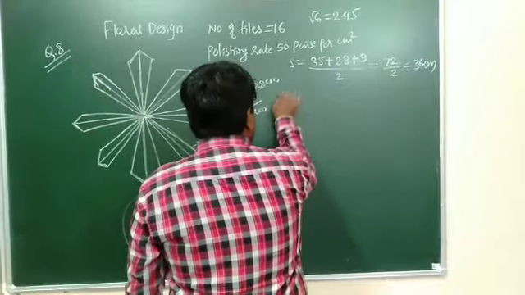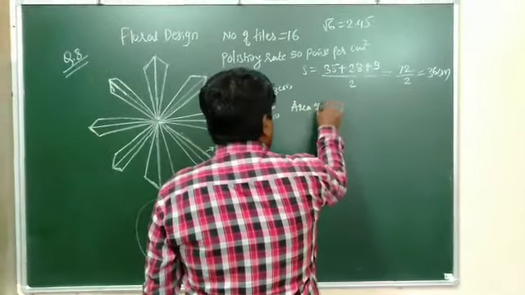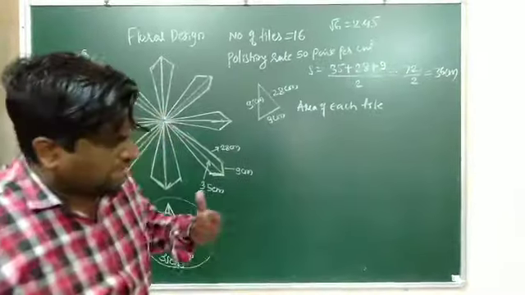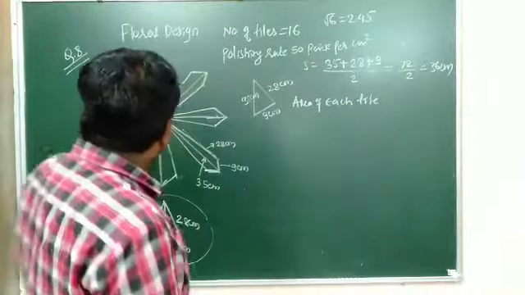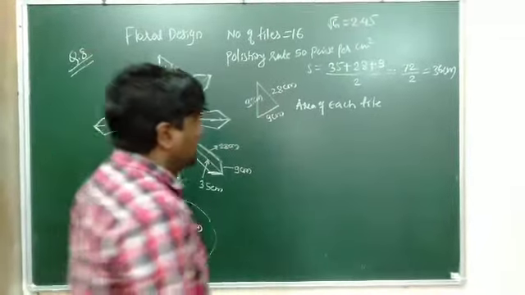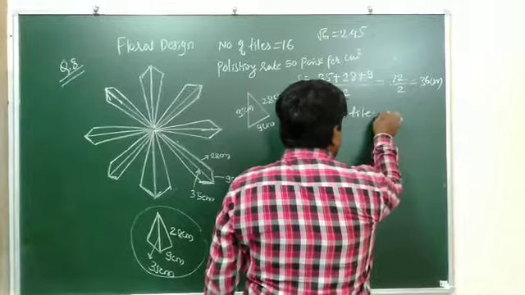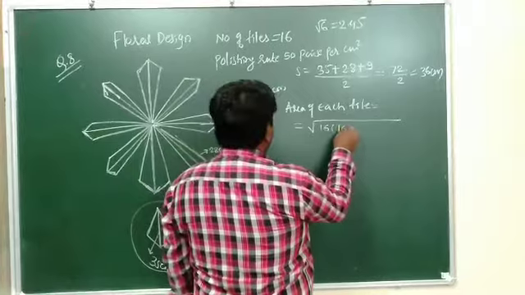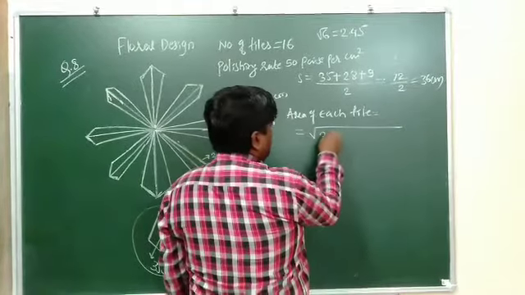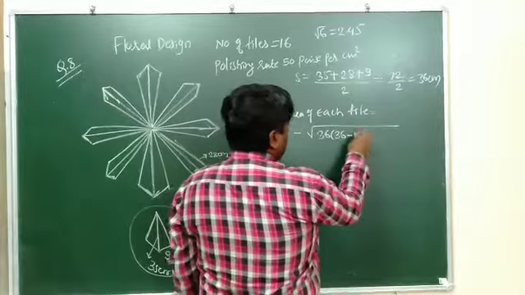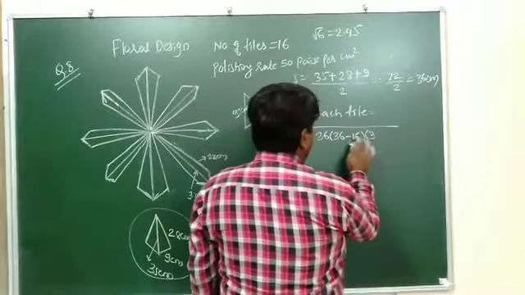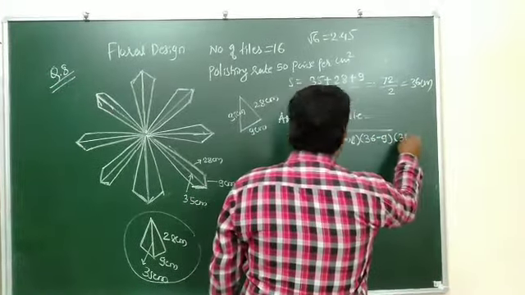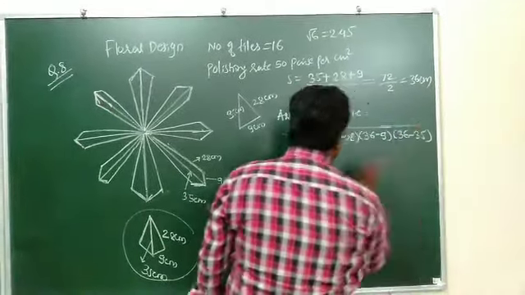After that, the area of each tile, or else simply at the same time we can calculate the area of 16 tiles also. Area of each tile is equal to the square root, by using Heron's formula, of 36 into 36 minus 28, 36 minus 9, 36 minus 35.